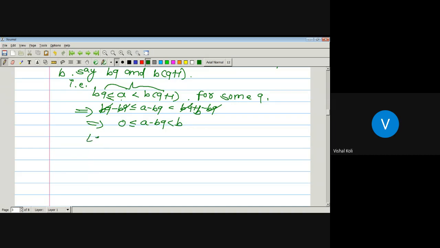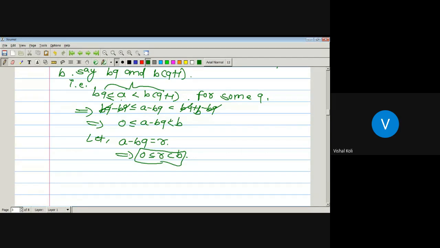Now let us take a minus bq as r. So we have 0 is less than or equal to r, which is less than b.